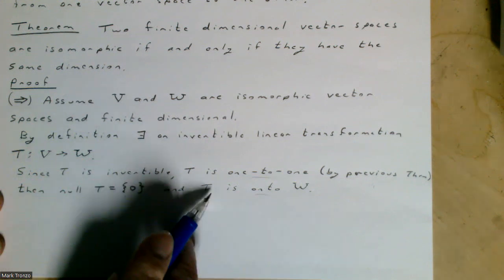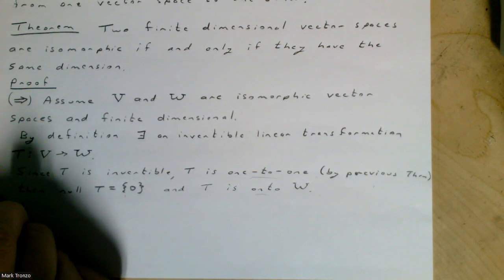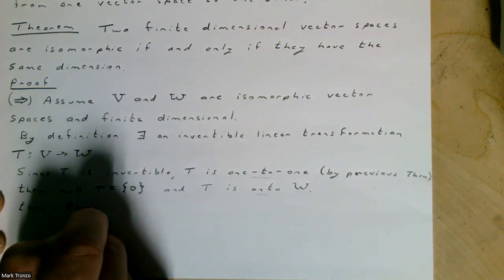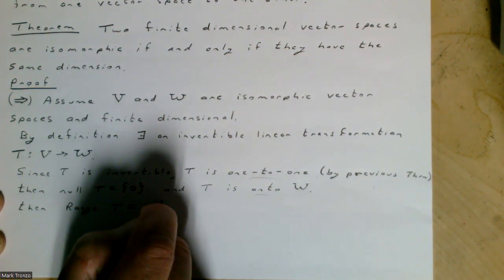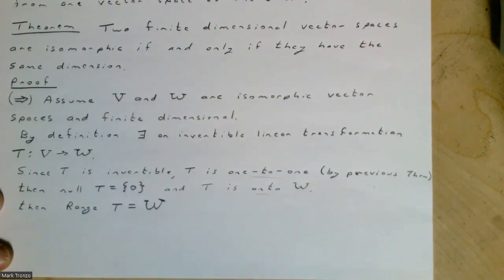And then since T is onto, the range of T is going to be all of W because it's onto.